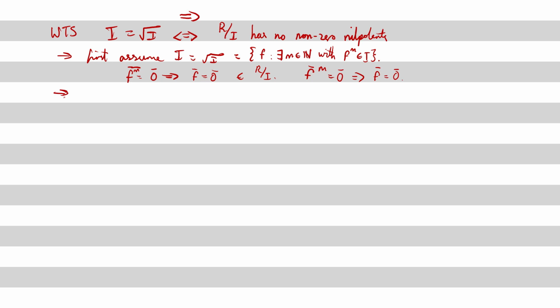Now we are going to show that if an ideal is not radical, then R over I does have non-zero nilpotent elements. So now assume I is not its radical.